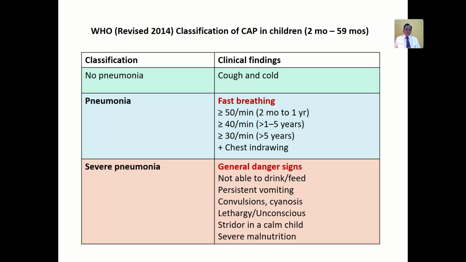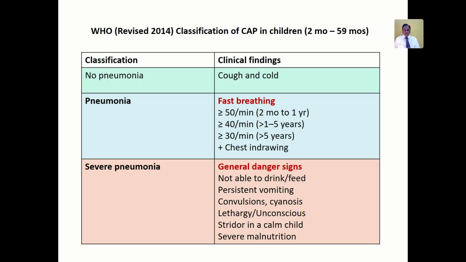Then what is severe pneumonia? The same child, along with the fast breathing, having some general danger signs like not able to feed or not able to drink, vomiting, lethargic, unconscious, or with noisy breathing, all these things show severity.